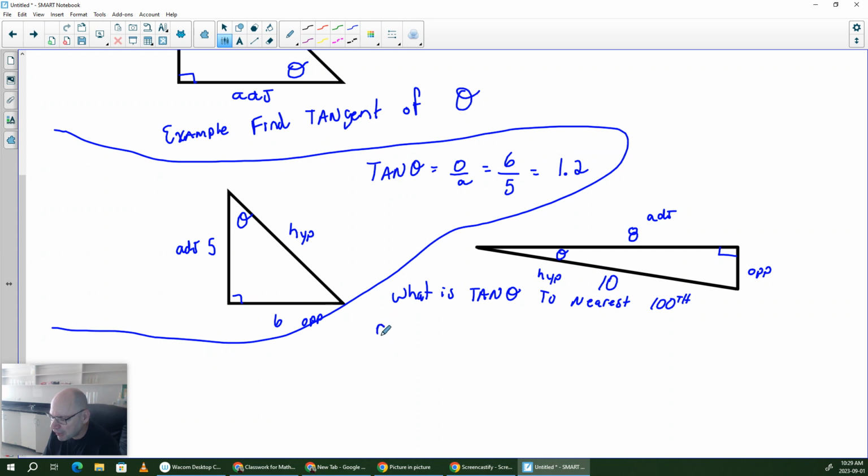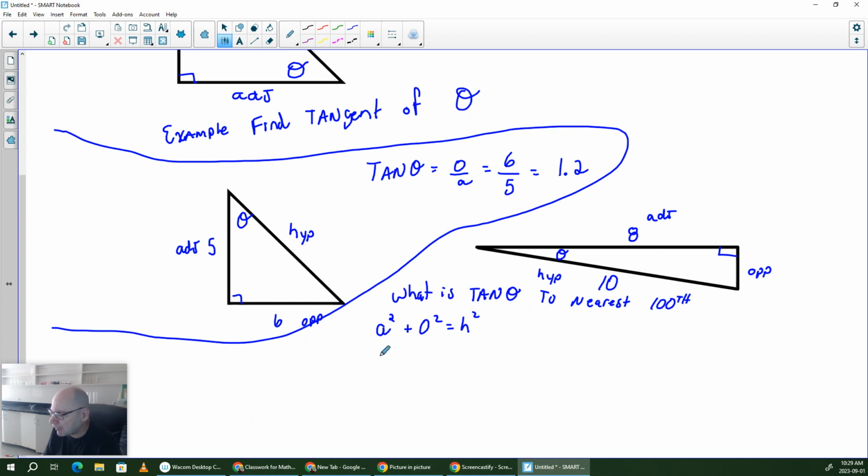So if we're using A for adjacent and O for opposite, and then H for hypotenuse, that is the Pythagorean theorem written for that particular triangle.